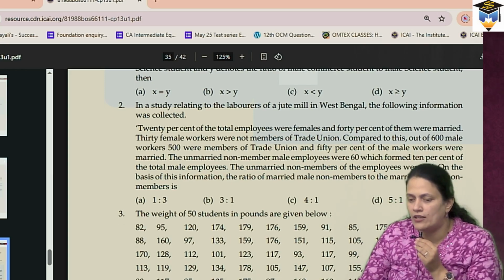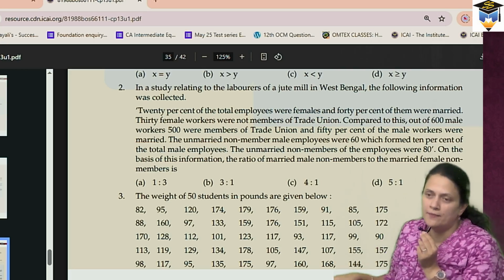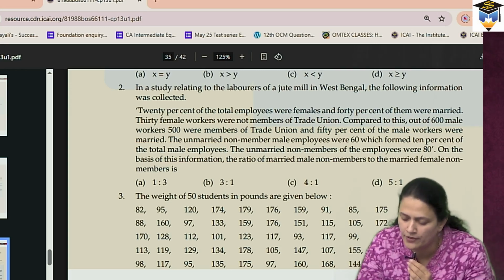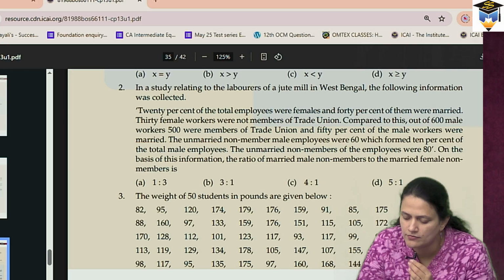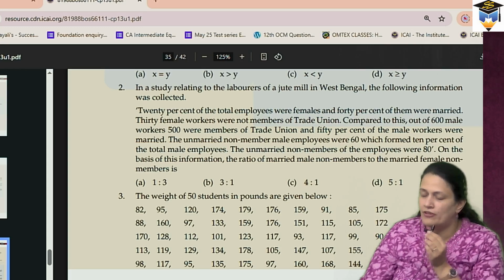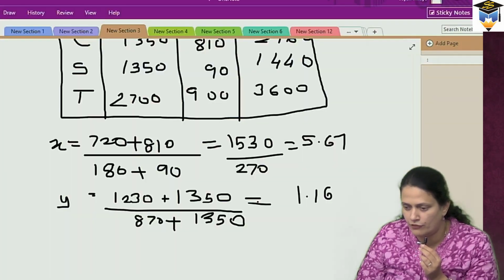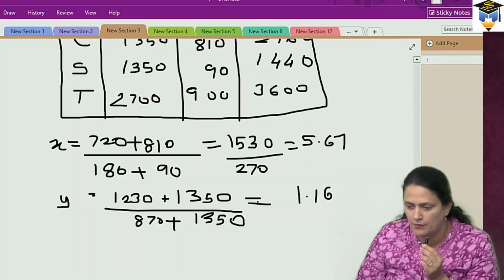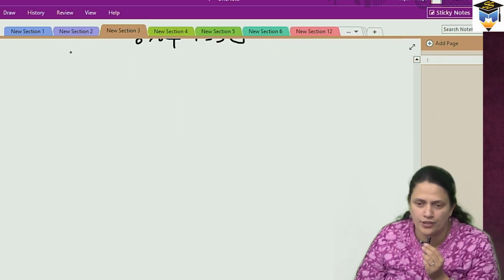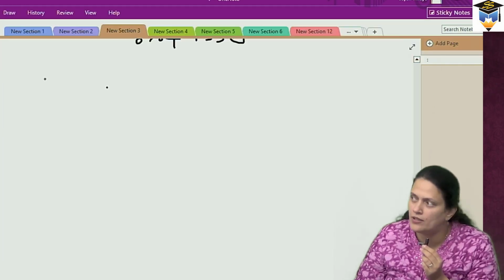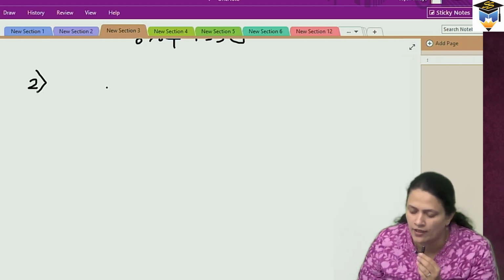So how will you form the table? Can you tell me how do we form the table? First, form the table for members of the trade union. We are solving question number 2 from set C. Okay, let us form the table.